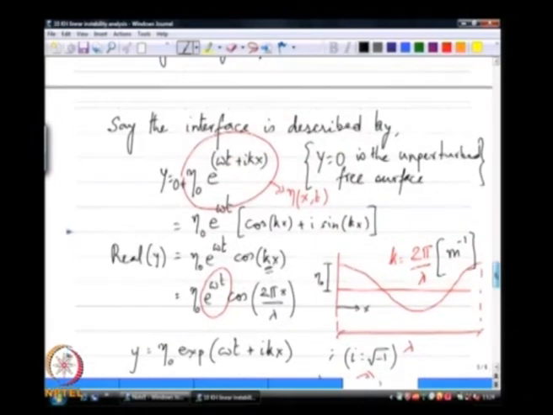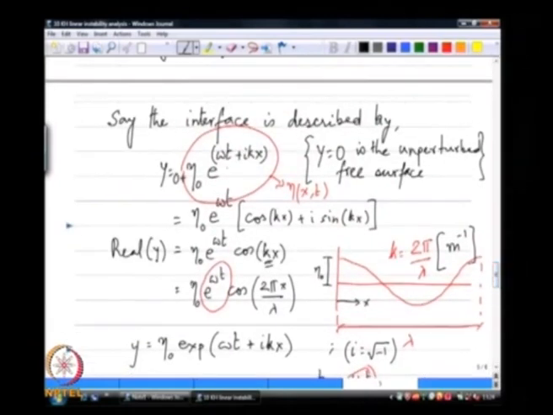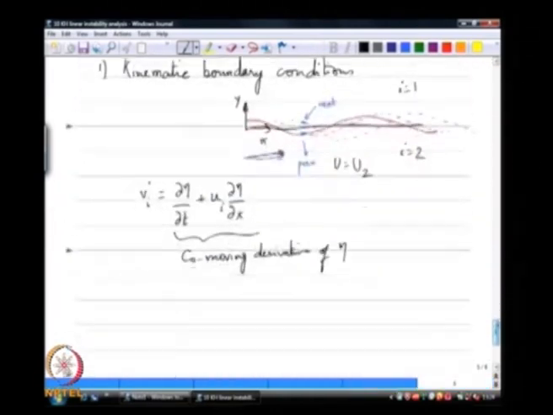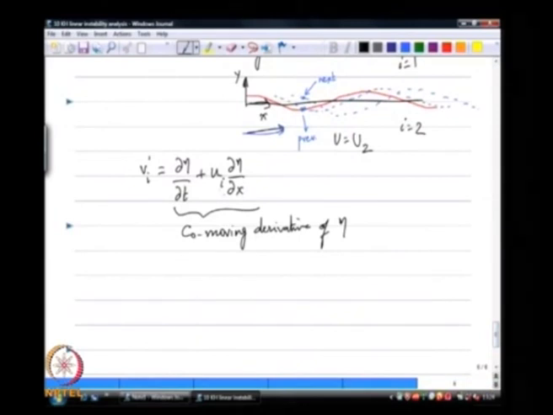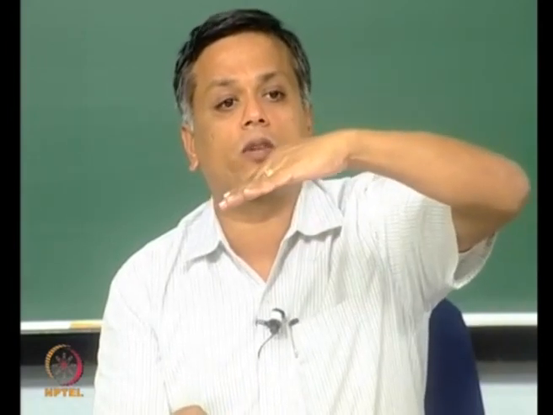So, even if let us say this omega was 0, just by a wave moving now at a velocity u I, you get an up and down motion which is V I. So, if I ignore the first term here, d eta dt, the partial derivative of eta with respect to time, and only take the second term on the right hand side, u I times d eta dx is saying that the rate of movement of a particle in the upward direction is essentially governed by the x direction movement of the velocity and the slope of the interface.